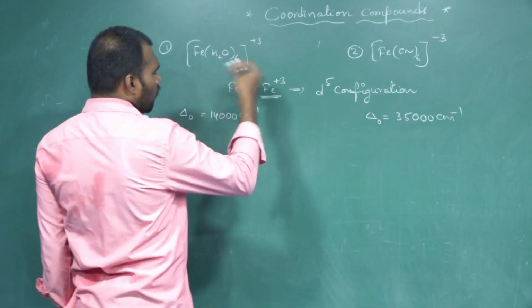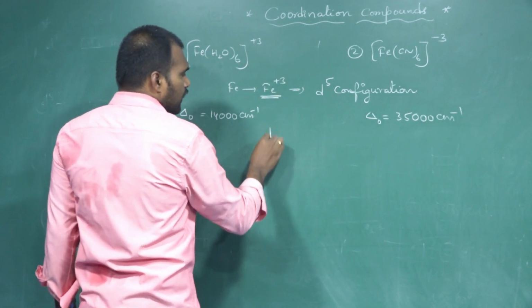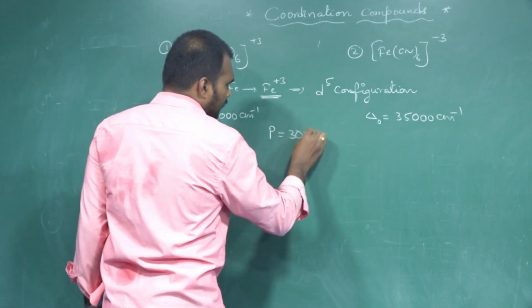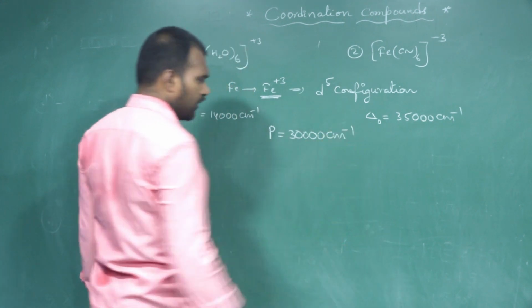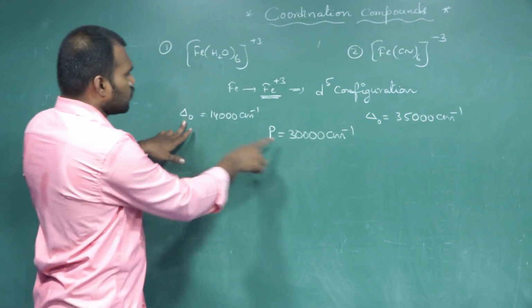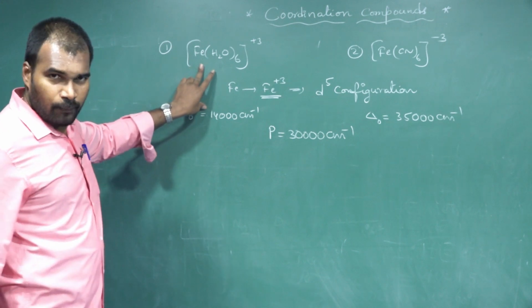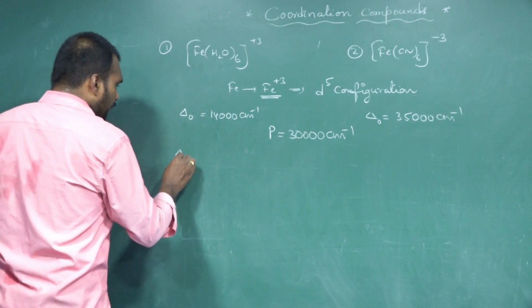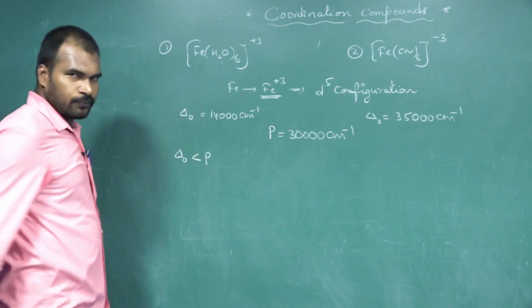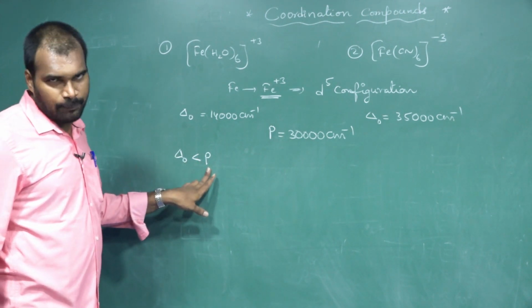In both cases, for Fe+3, the pairing energy is nearly 30,000 cm inverse. When we compare these two, in the weak field ligand complex the del O value is lesser than the pairing energy.